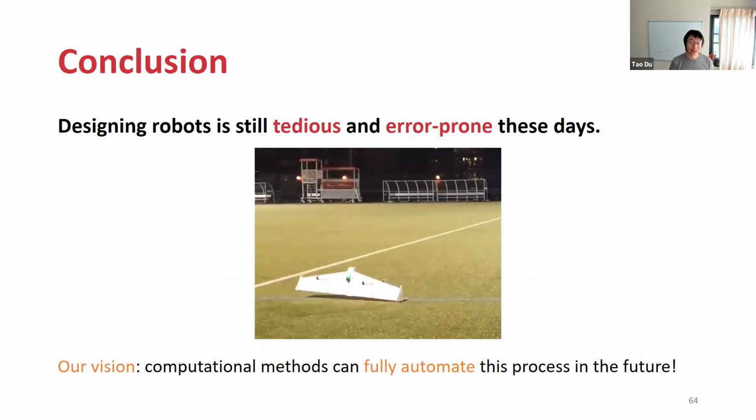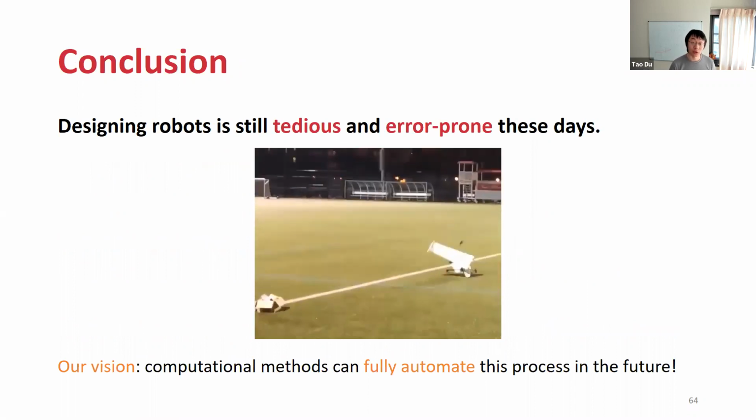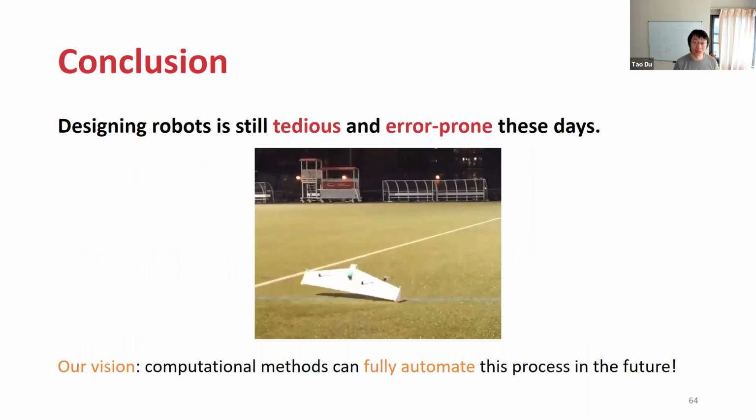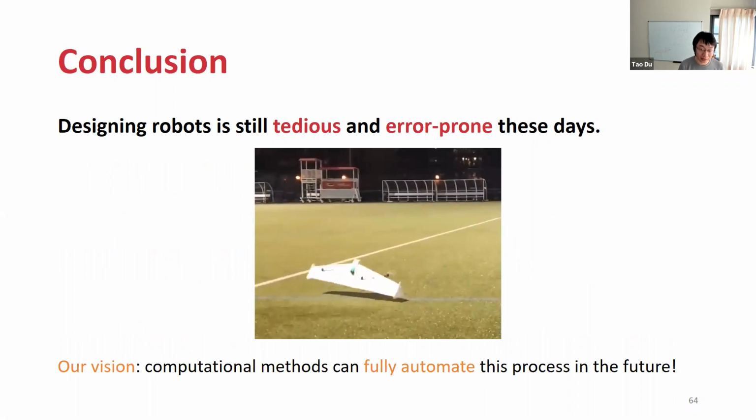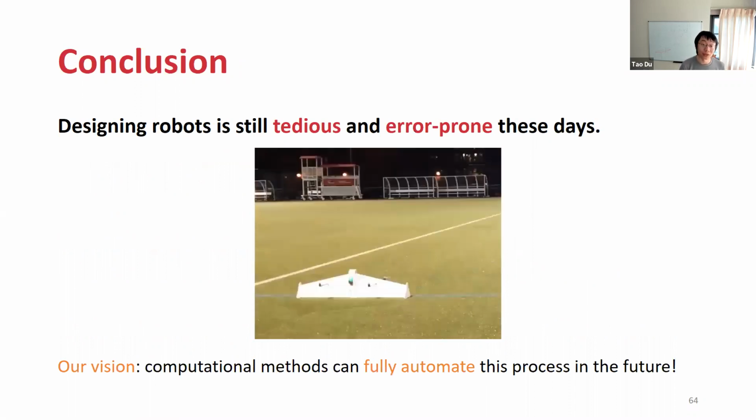If I were to summarize the lessons we learned from this journey of exploring differentiable simulators and their application in robotic design, I would like to summarize them in 2 slides.